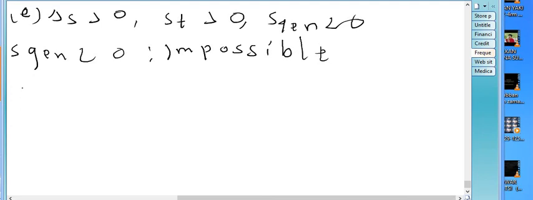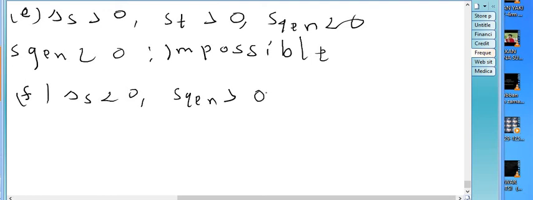Then the last one is F. So we given that the entropy change is less than 0, then the entropy generated is greater than 0. So we don't know the entropy transfer. So the entropy transfer is not given.